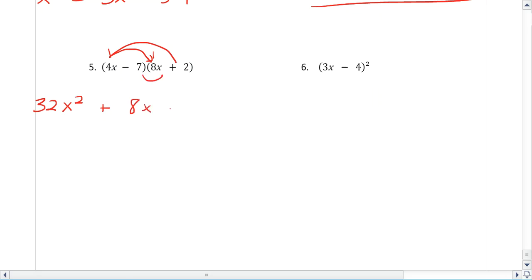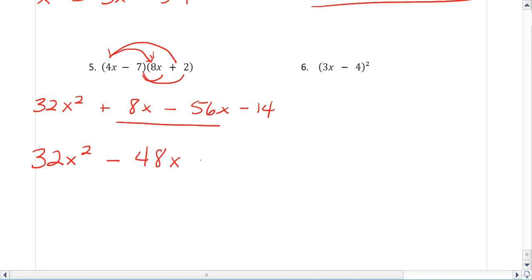The inner product is negative 56x. And last times last is negative 14. Once again, combine your outer and inner product. If I did this right, 8 minus 56 is a negative 48x. And we still have our minus 14 for our trinomial answer.